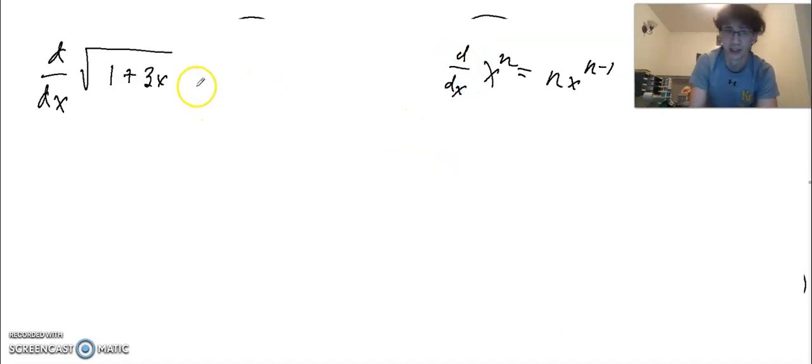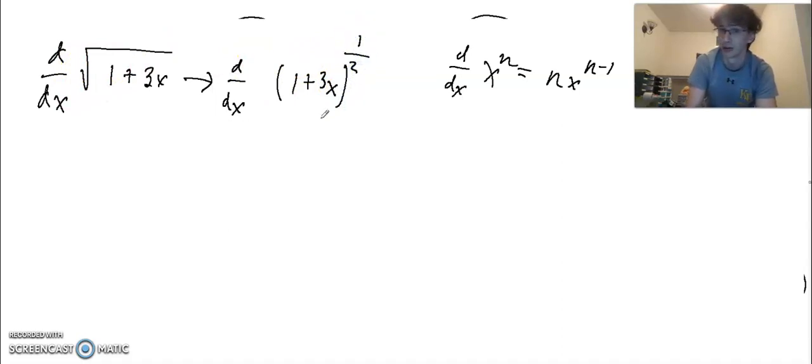So let's rewrite this in a form that we can do that with. And if you remember from pre-calc, the square root is actually just the 1/2 power. So let's say 1/2 is our n. So let's rewrite that down here.